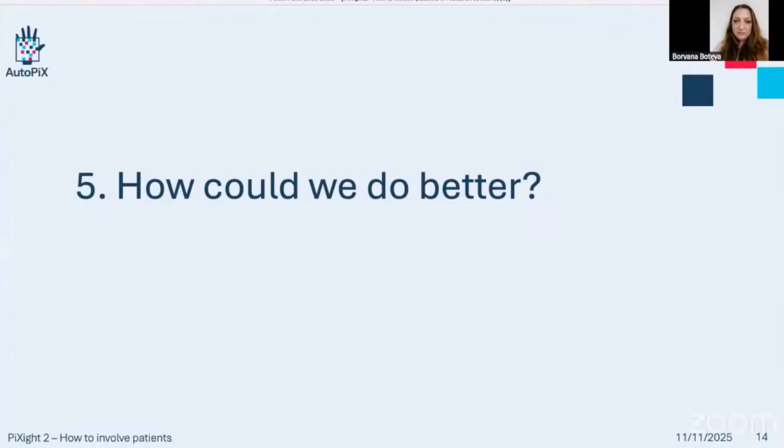Yeah, to bounce back to what you just said, Boriana, I believe that project management also has a role to play in how to improve patient engagement, because you need to properly inform a PRP, for example, about what the meeting will be, when it will be, and make sure that the invitations to the meeting have been properly sent, etc. So it requires a lot of organization that I think each work package in a consortium should be very much aware of: having a patient means also having to organize it very well, so that they wouldn't have to struggle, for example, to find a link to the meeting, and to have afterwards a lay summary of the meeting.